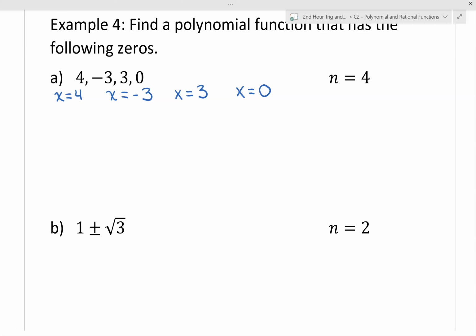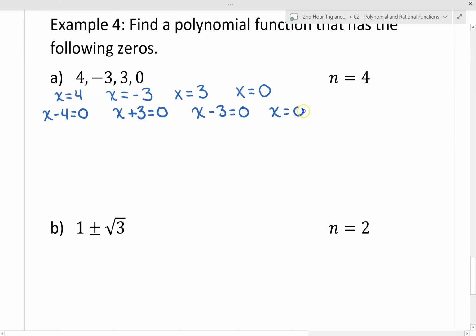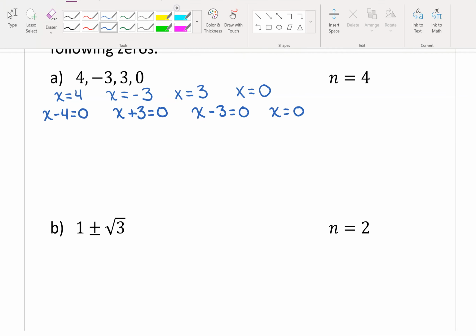But I want you to think about making all of those equal 0, because if I make them equal 0, that means I have turned them into factors. So if I make x equals 4 equal to 0, that means I have to subtract 4 to each side. On the next one, I would have to add 3 to each side, subtract 3 to each side, and then that one already says x equals 0, so we are done.